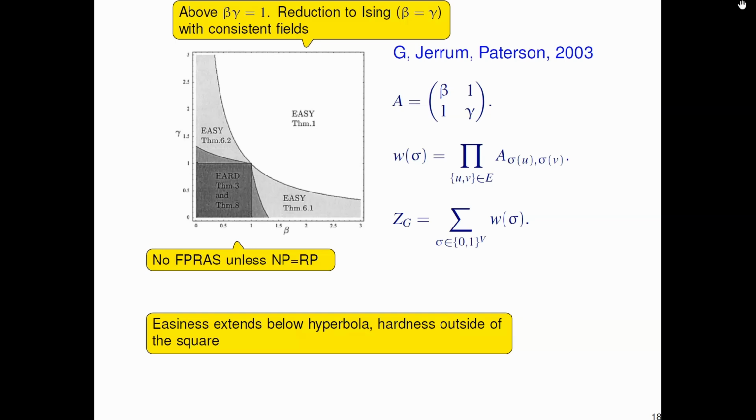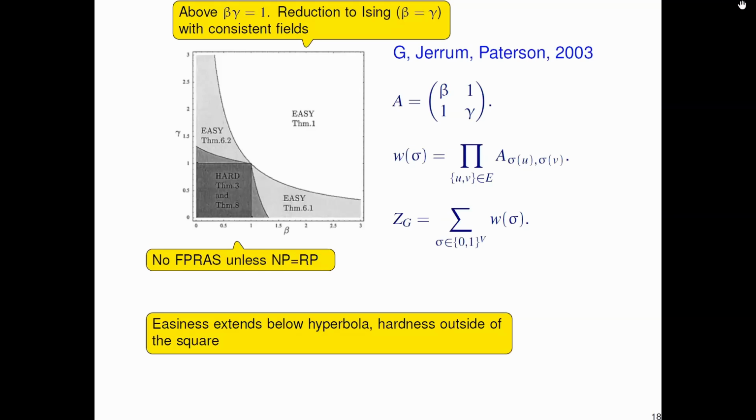So you shouldn't be that surprised that with some mucking around in gadgetry you can simulate max cut and make it hard. So the things that we expected were the bottom quadrant hard and the hyperbola beta gamma equals 1 easy.